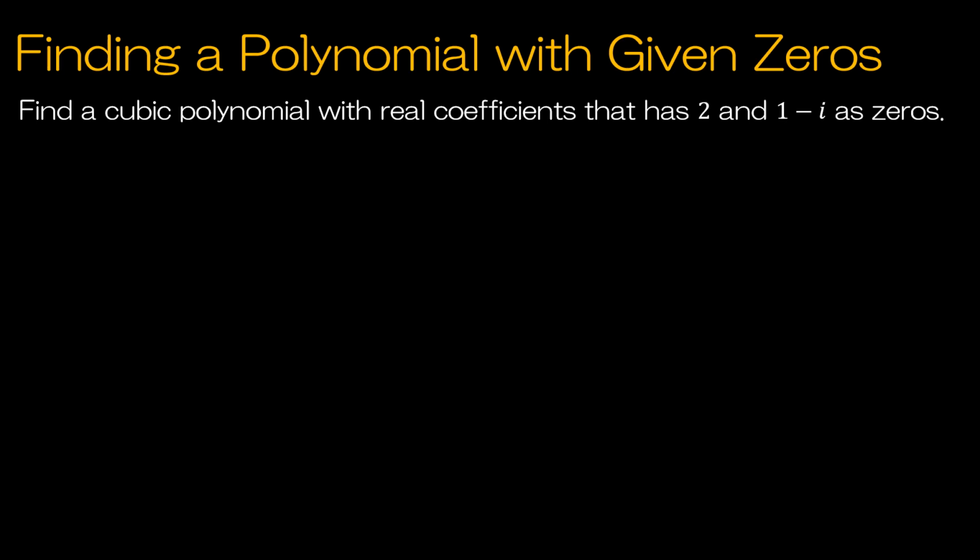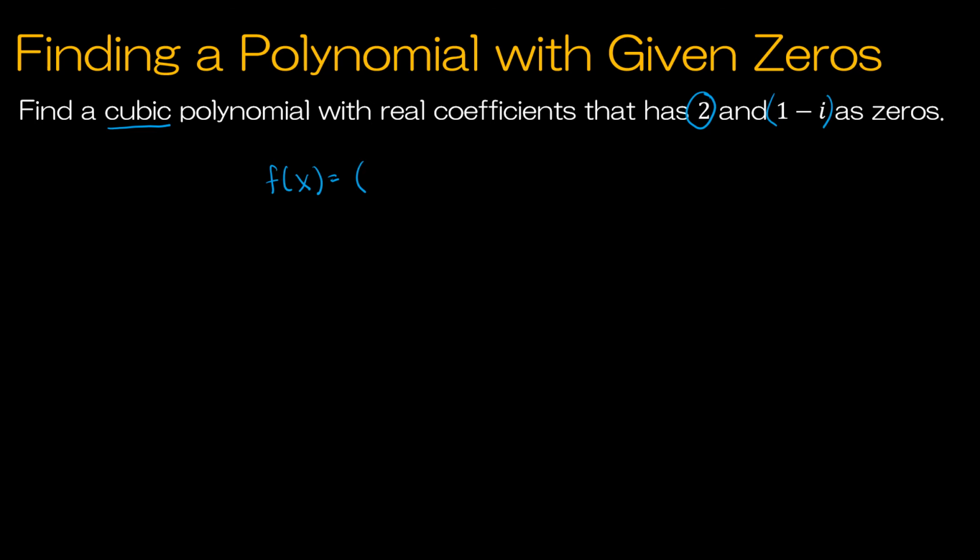Now stick with me on this one because I did start us off with sort of a more difficult example, just because I don't want this video to be 45 minutes. So we're trying to find a cubic polynomial with real coefficients that has 2 as a 0 and 1 minus i. Now cubic tells me that the highest degree is 3, which means there's 3 zeros.